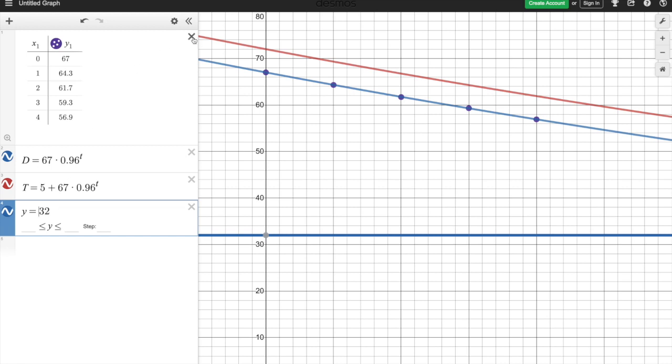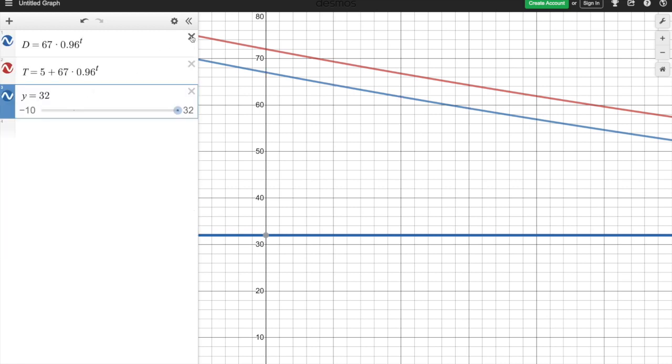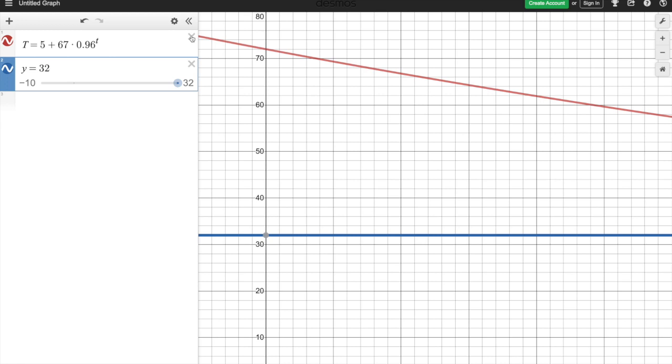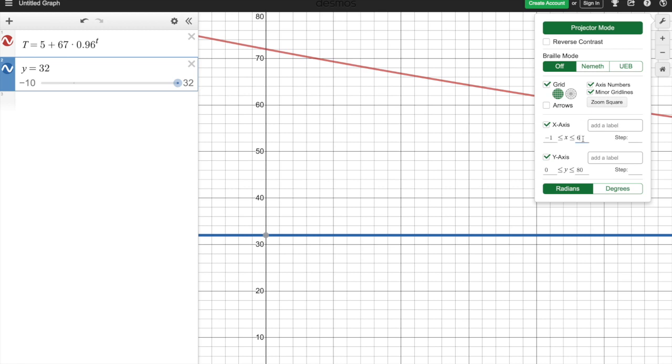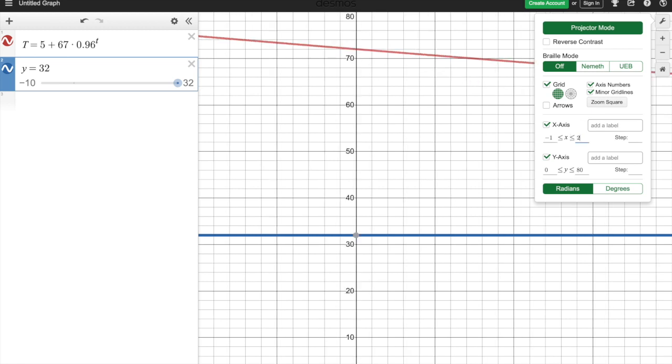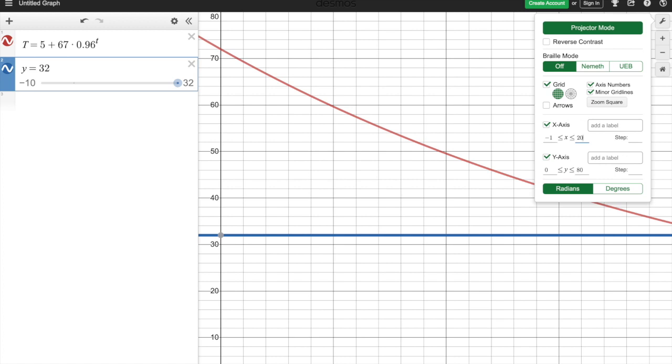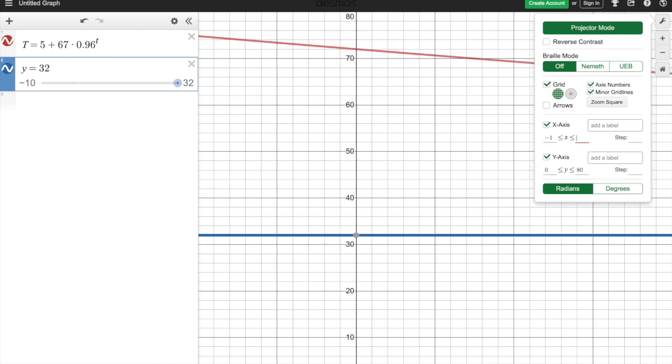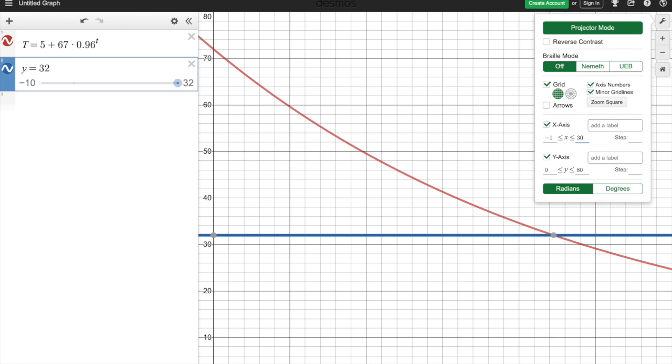Let's get rid of a little bit of the extra clutter so that we can see our two functions. And in the current display window, they don't cross, so we'll have to expand out our view. You can use the zoom function, or you could use the tools. So 20 minutes does not go quite far enough. Let's go to 30.